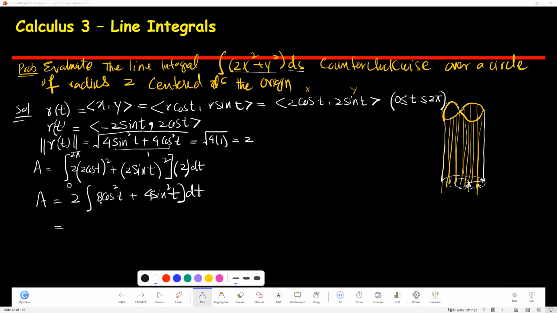Maybe I can take one more 2 common, so it's going to be 8 outside, 0 to 2 pi, and then inside is 2 cos square t plus sine square t. All I did was take the 4 common and take it outside.